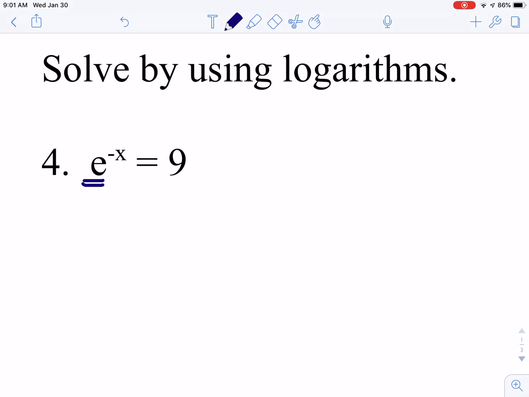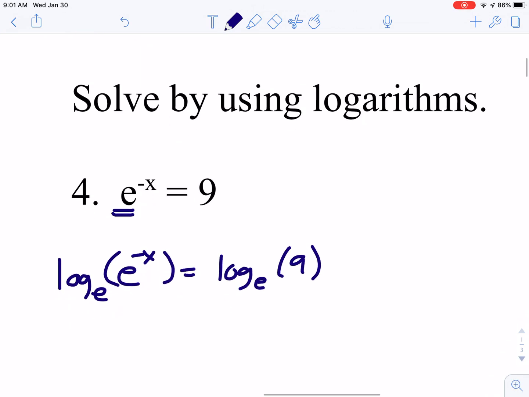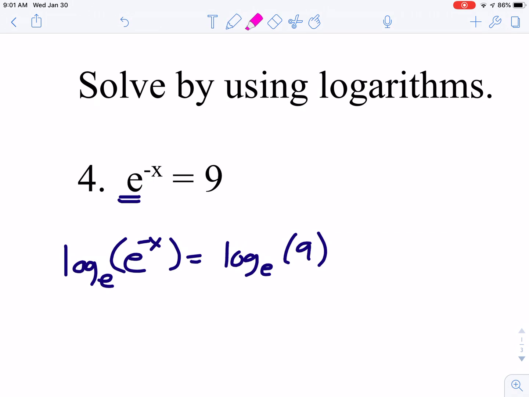So how do you get rid of this base? Well, we do log base E of E to the negative x equals log base E of 9. Now, log base E of E cancels out.